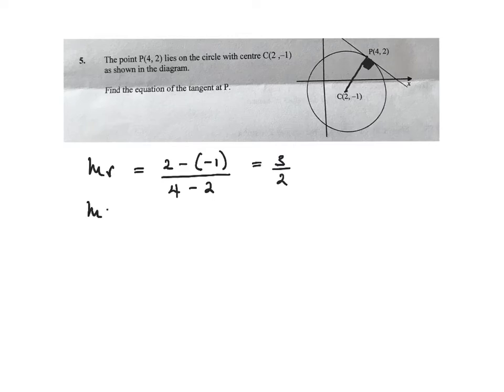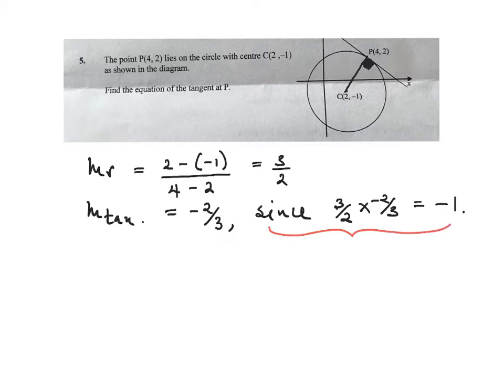That means that m tangent is minus 2/3, since 3 over 2 times minus 2 over 3 equals minus 1. The product of the gradients of perpendicular lines is equal to minus 1. You need to state this here. That's important.